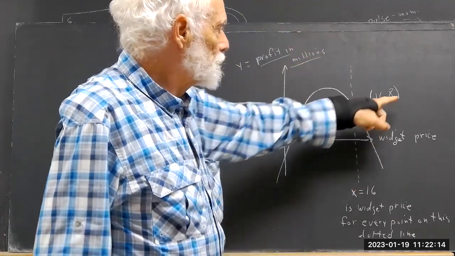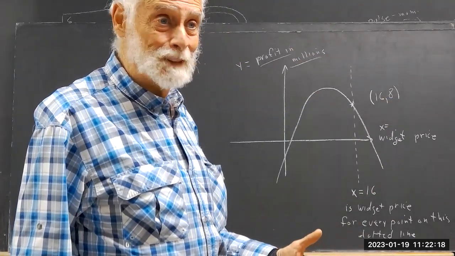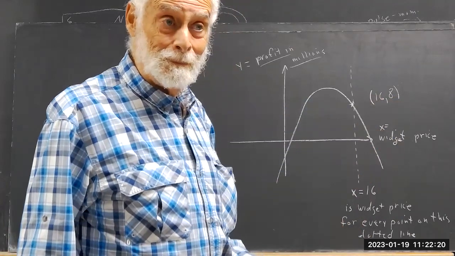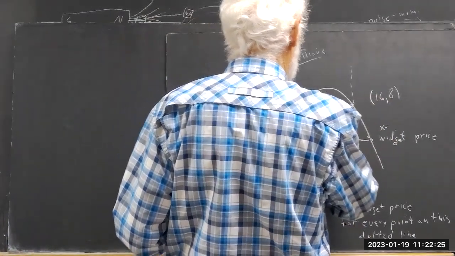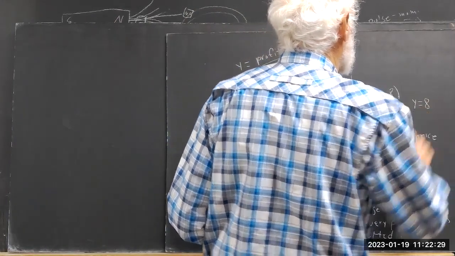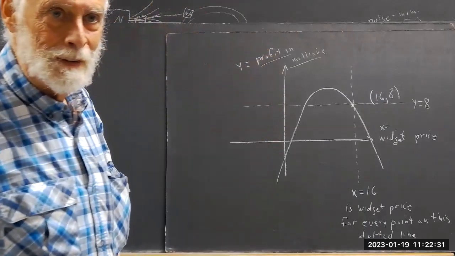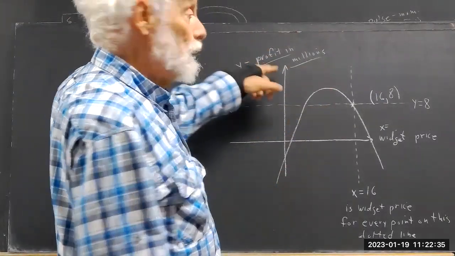Now the question is, what's that 8 mean? And we got an immediate answer. It means y, because that's your y coordinate. So let's just go ahead and draw a horizontal line here. Y equals 8. That means what? And somebody else said, well, that's your profit, because it says y is the profit.